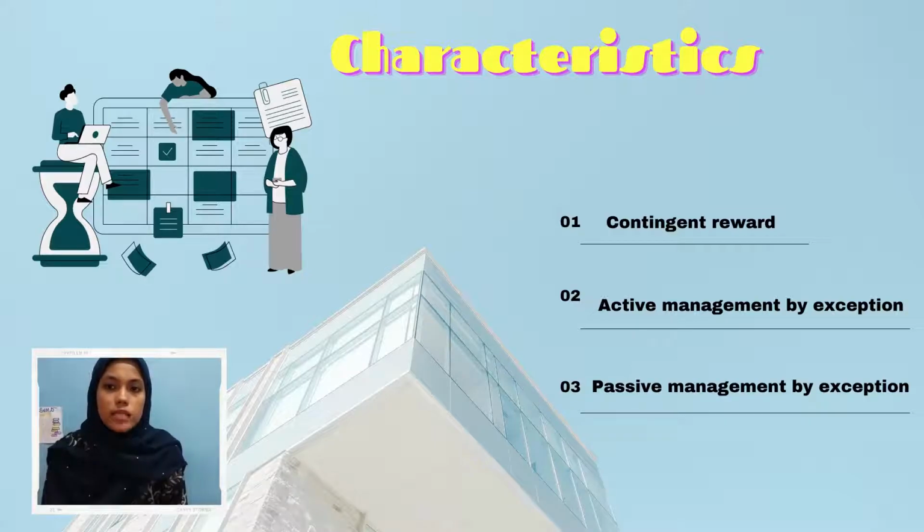Active management by exception leaders take corrective action as soon as they spot a problem. This type of management doesn't focus on areas where an employee is performing well or where everything is going smoothly.